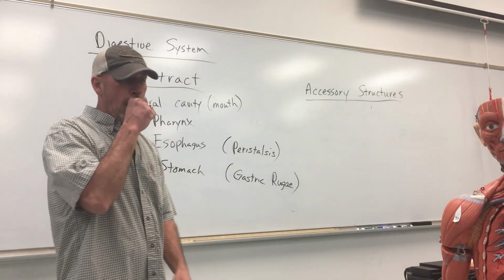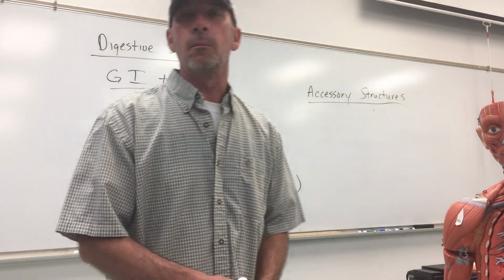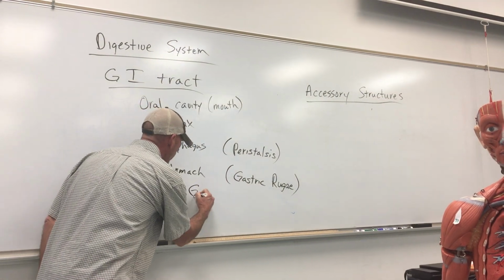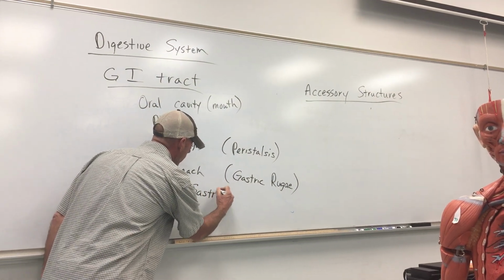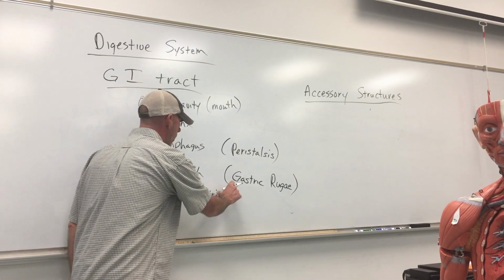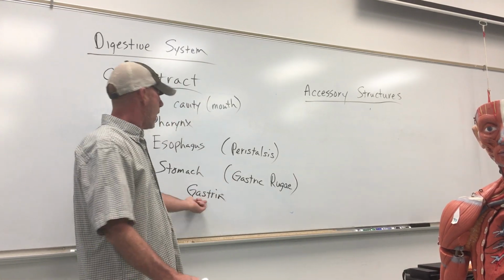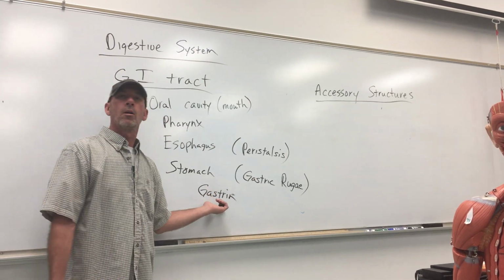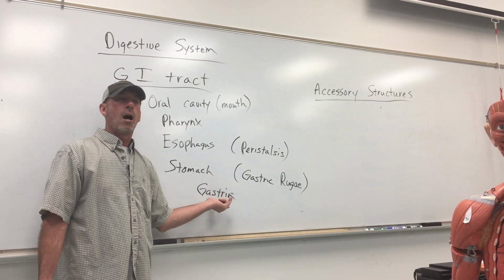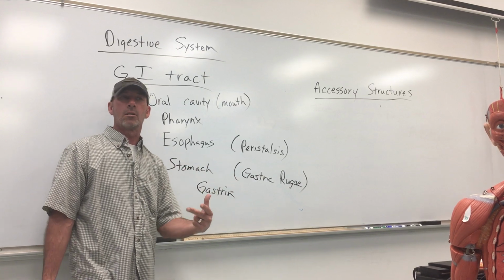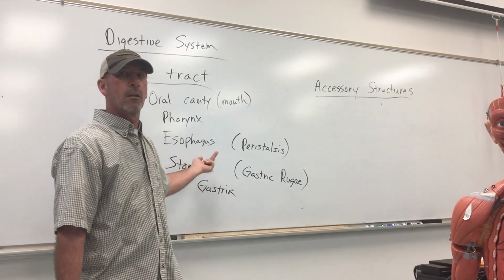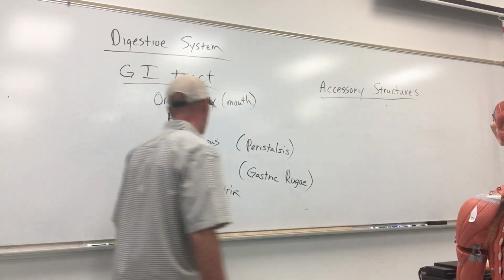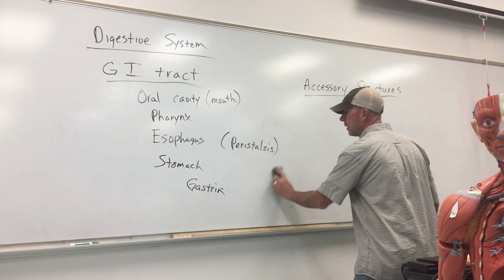Now, there are some other important things the stomach secretes. The stomach also secretes hormones, and you should remember that when we covered the endocrine system. Gastrin, which both the stomach and the small intestine can secrete, is really what kicks in intestinal motility. So as the material gets ready to leave the stomach, we call that material chyme.